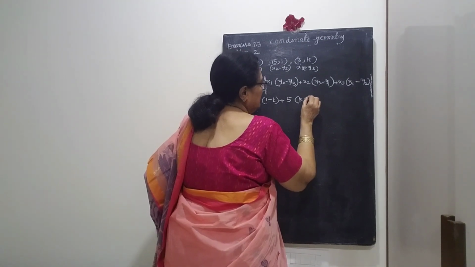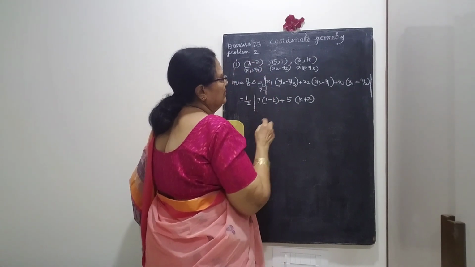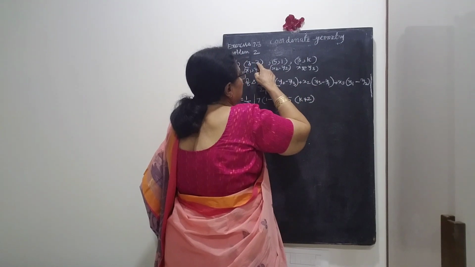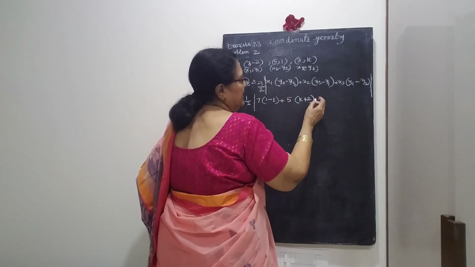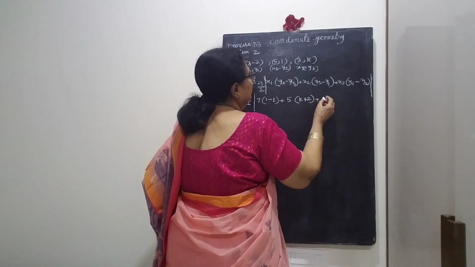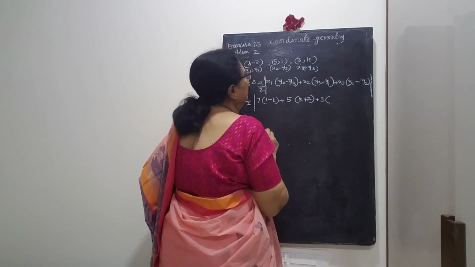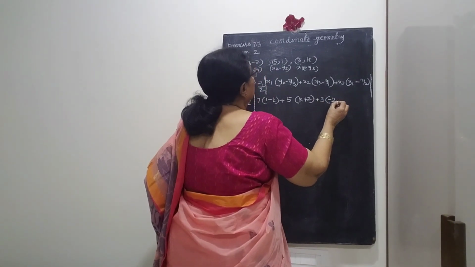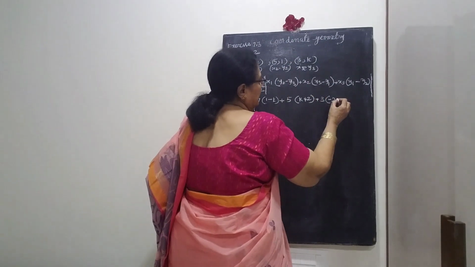Minus of minus 2 is plus 2, so k plus 2. Plus x3, which is 3, into y1 minus y2, that is minus 2 minus 1.